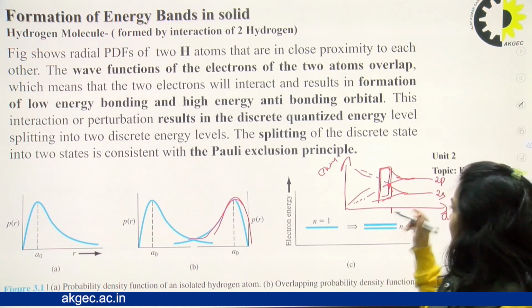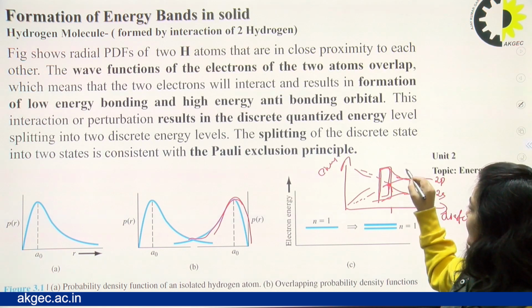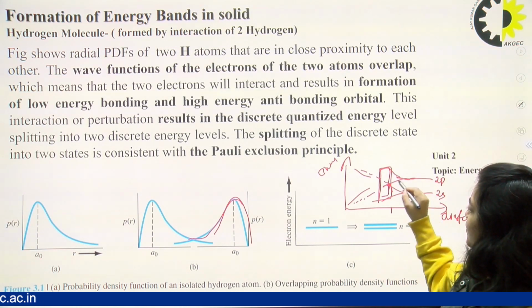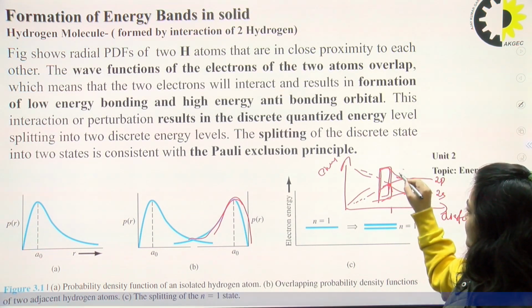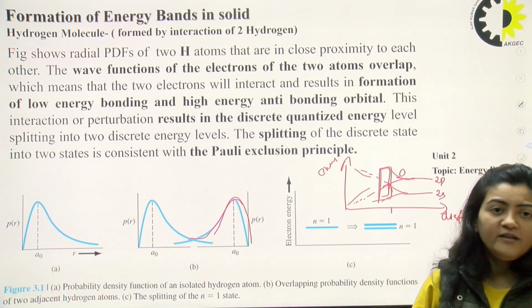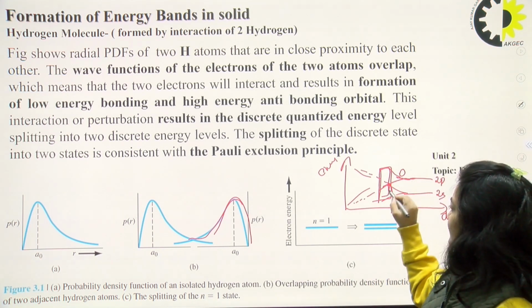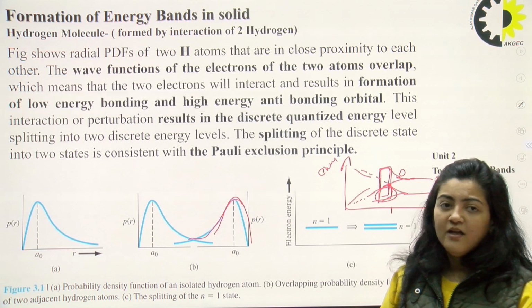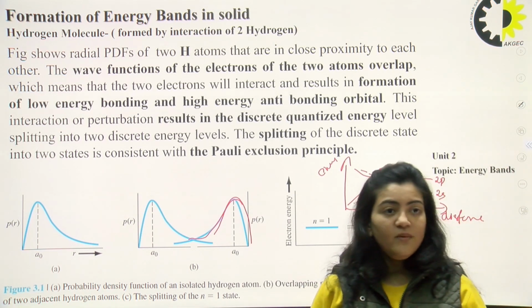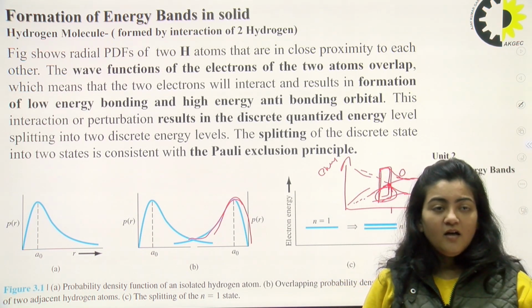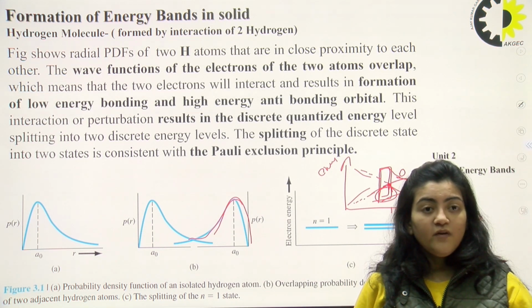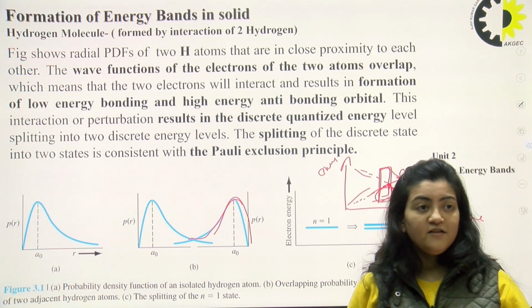As we know, this has the highest energy level, so there is a high probability that a large number of electrons will be present in that energy level.